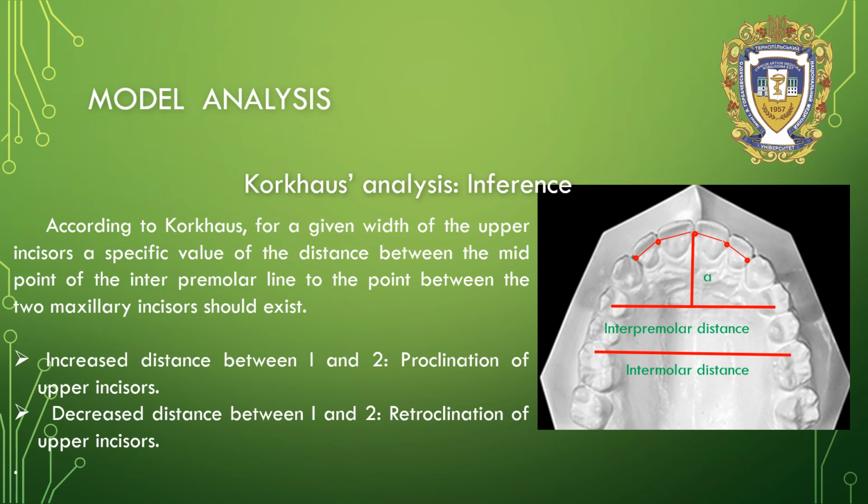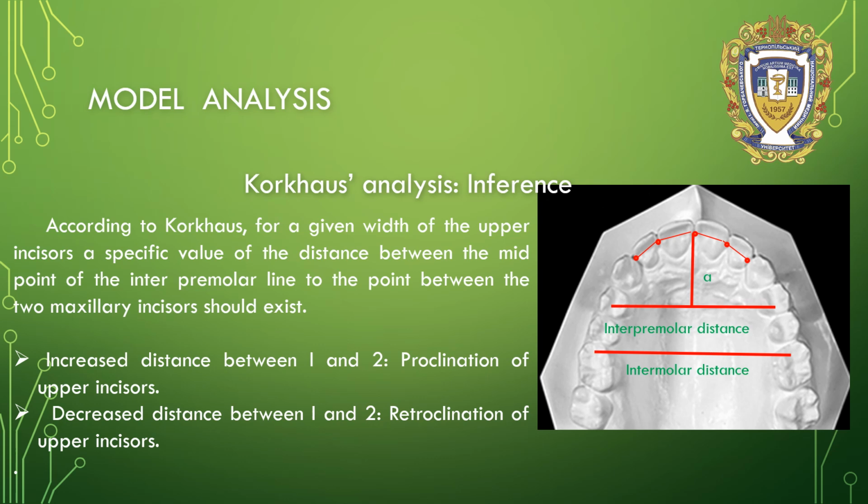According to Korkhaus, for a given width of the upper incisors, a specific value of the distance between the midpoint of the interpremolar line to the point between the two maxillary incisors should exist.